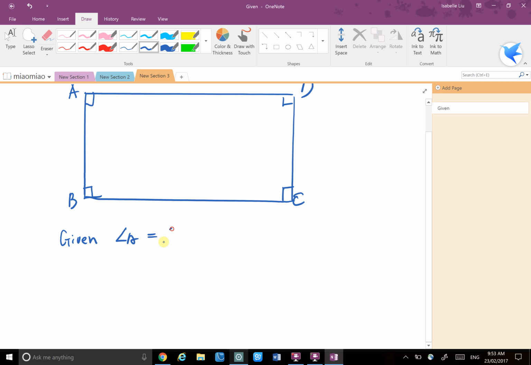Angle A equals angle B equals angle C equals angle D equals 90 degrees. Also, you know that AB equals CD and AD equals CB.